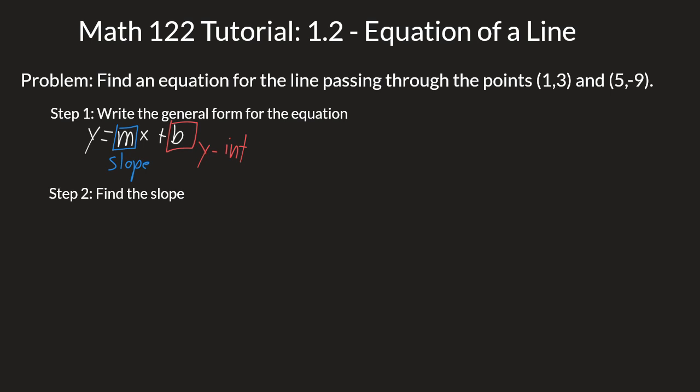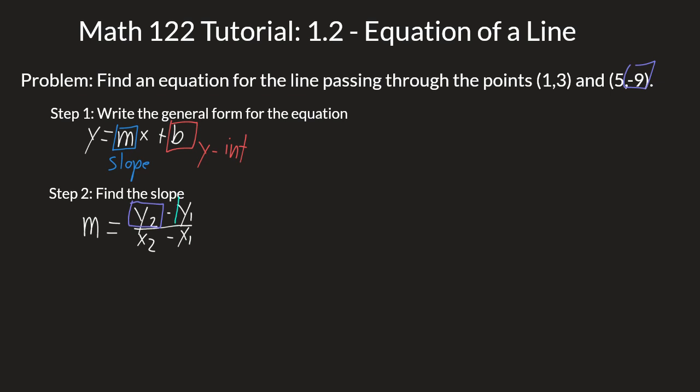So for step 2, I recommend that you now just find the slope. Recall that the definition of the slope is that m is equal to (y2 - y1) divided by (x2 - x1). And all of these values come from the points that you are given. So first off, we have our y2. That is the y-coordinate from our second point, so that's going to be negative 9.